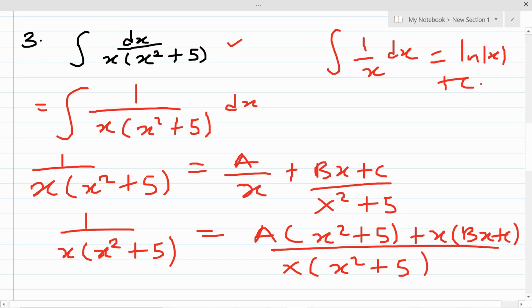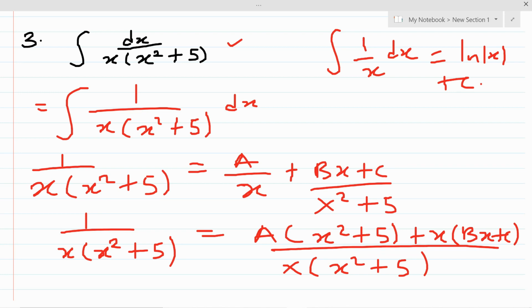Now it's not just equating the power. I'm trying to say that there is something over this and it's equal to that. Once the denominators are the same, it means that the numerators are also the same. That's why we equate them. But in basic level, they just tell you do this, do that, without explaining to you.